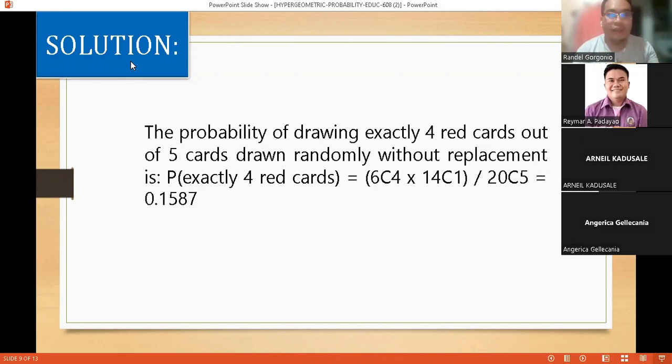I want you to take note that the answer is 0.1587. You can also round it off to the nearest hundredths if you want to.